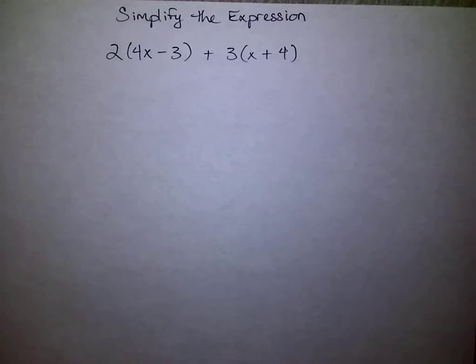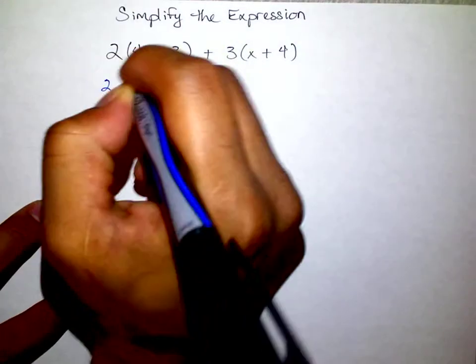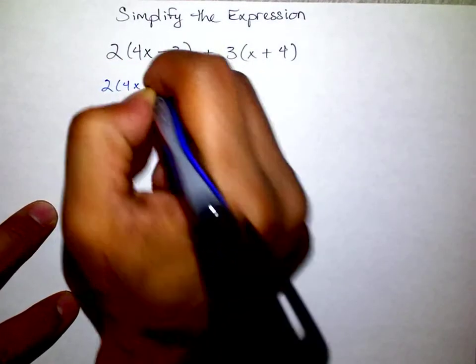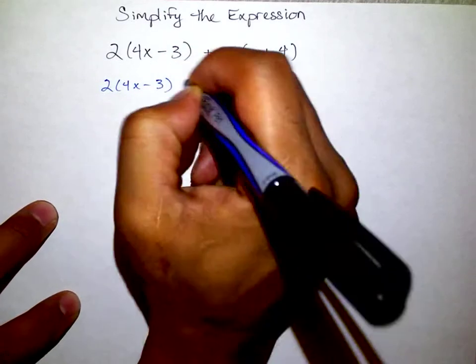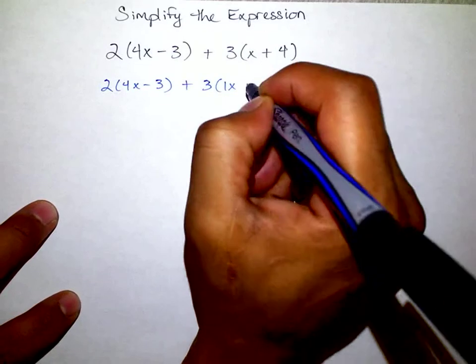Okay, our last problem here says simplify the expression 2 times the quantity of 4x minus 3 plus 3 times the quantity of x plus 4. I'm going to, of course, rewrite this and add in my coefficients of 1 if I need to. And I see that I need to right here, so that's 1x.